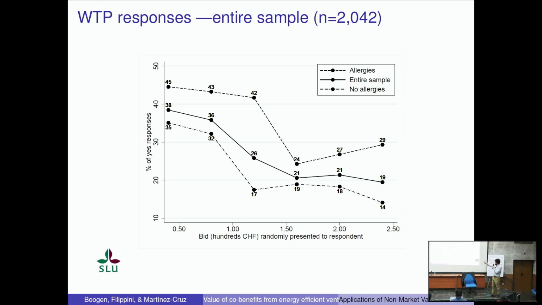We have 1, 2, 3, 4, 5 bids. 1, 2, 3, 4, 5, 6 bids. And the last 3 bids are gathering practically the same information. 21% or 20% of the people say yes to the 3 last bids.